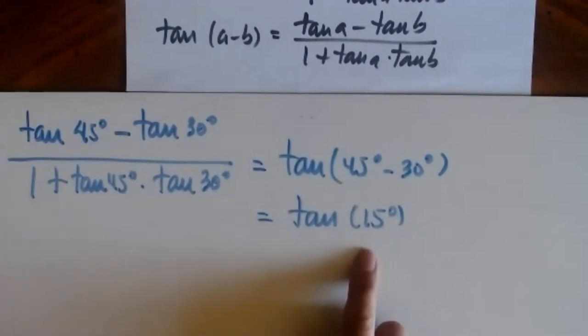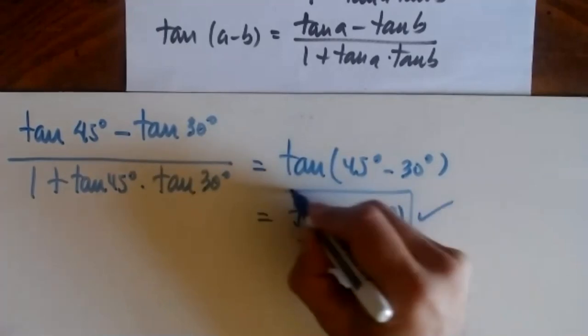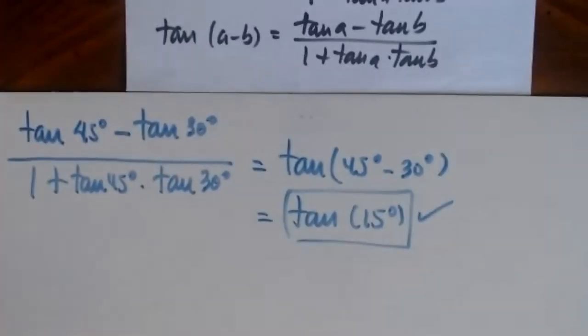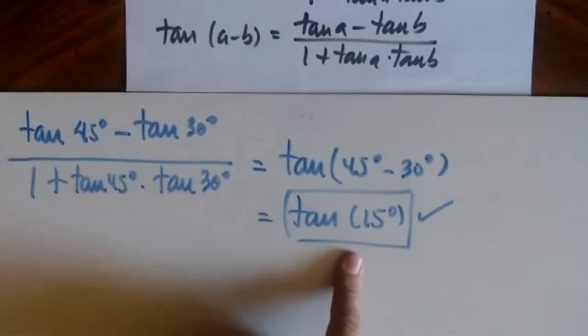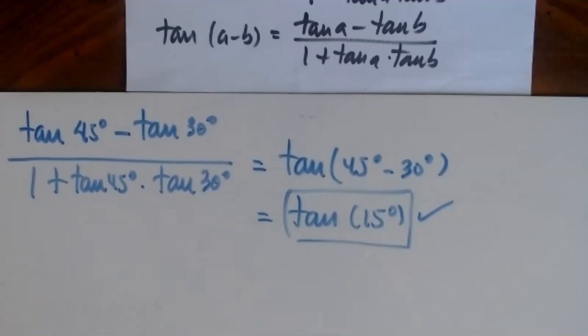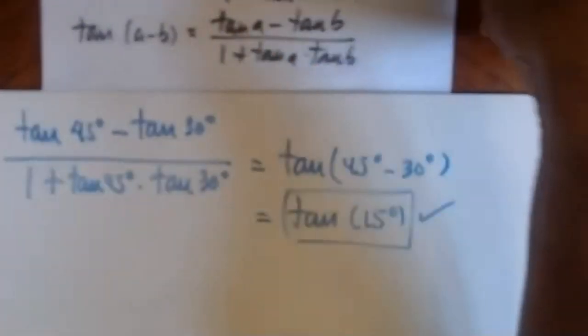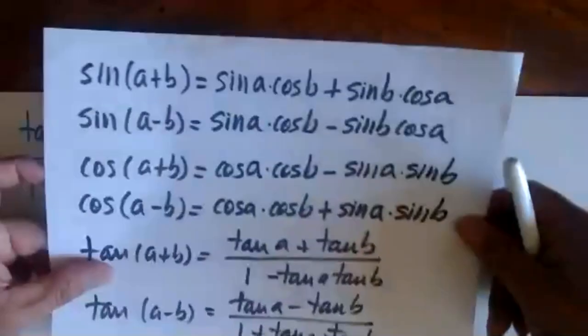Tangent of 15 degrees is something you can find with a calculator, but this is my answer. I reduced this complex and horrible thing into this simple thing that can be solved with a calculator. No problem? Remember, here is the secret.